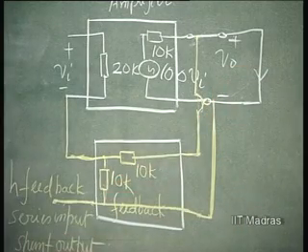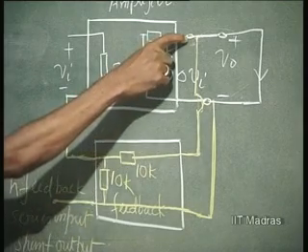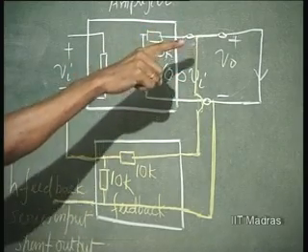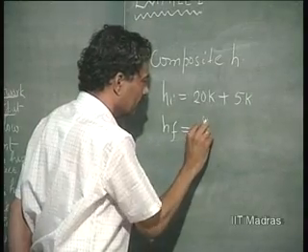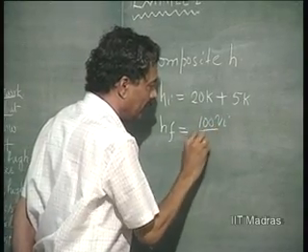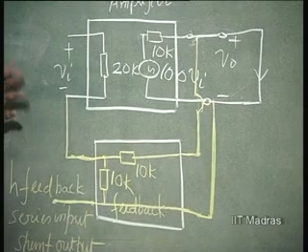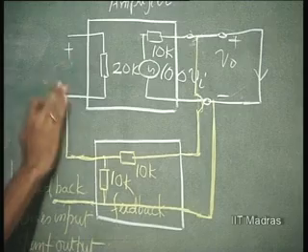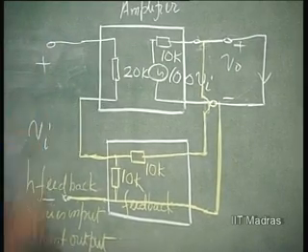Let us see that. I output is this 100 VI with 10K coming. So, there is a short circuit current of 100 VI by 10K going in this direction, plus, actually now the VI to be applied is this, because this is for the composite network.